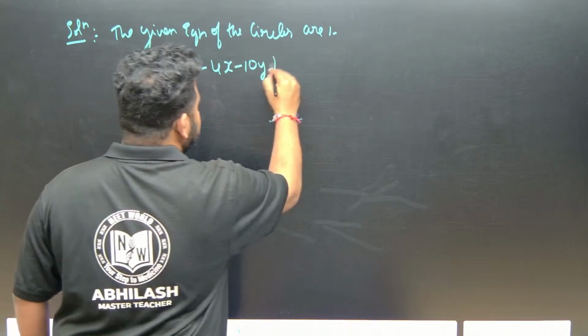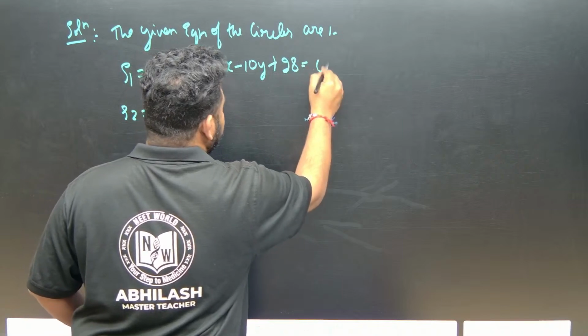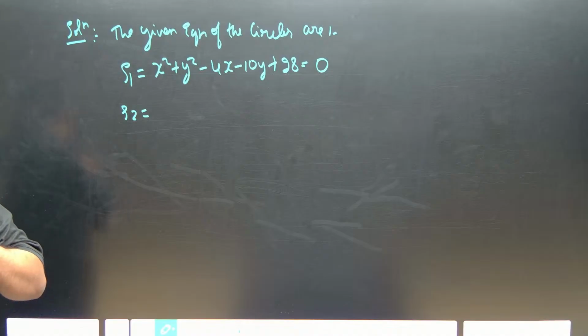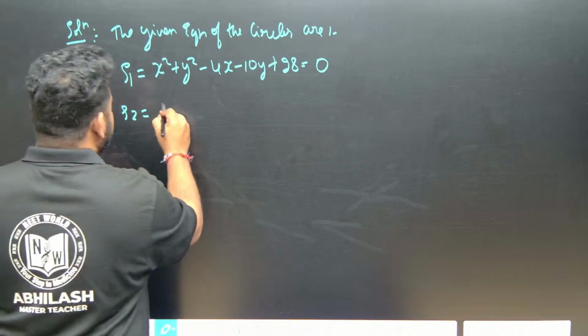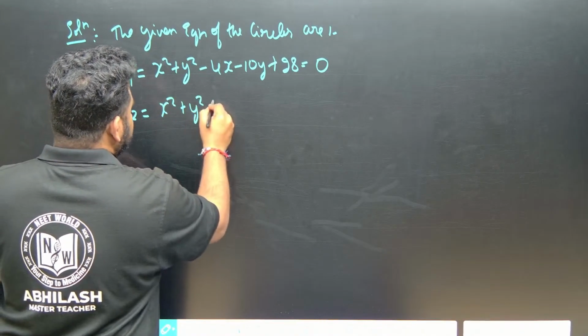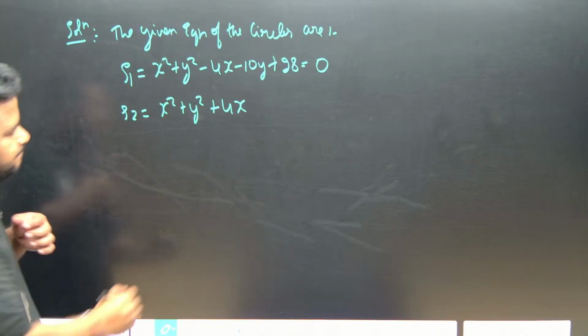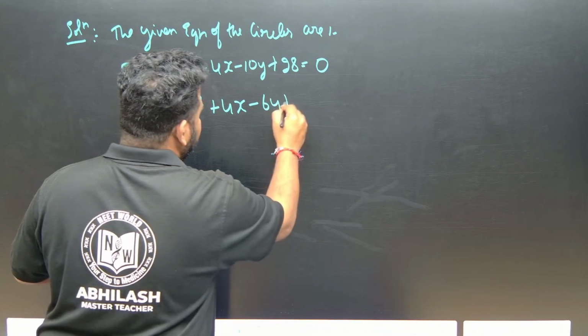This is one circle. What about circle 2? That is S2. It is x square plus y square plus 4x minus 6y plus 4 is equal to 0.